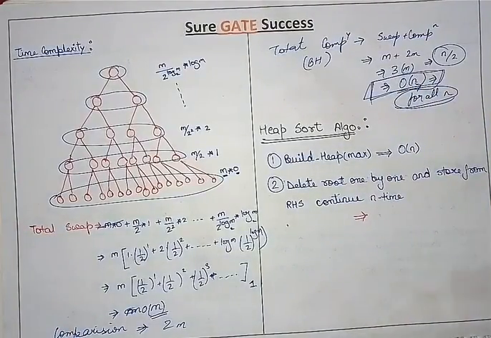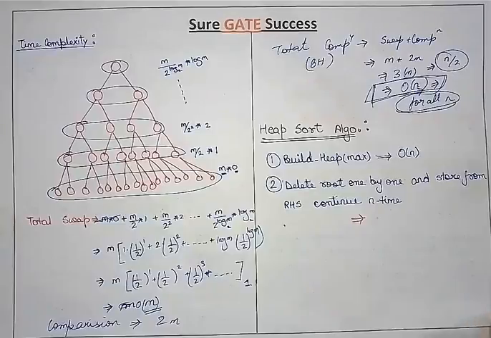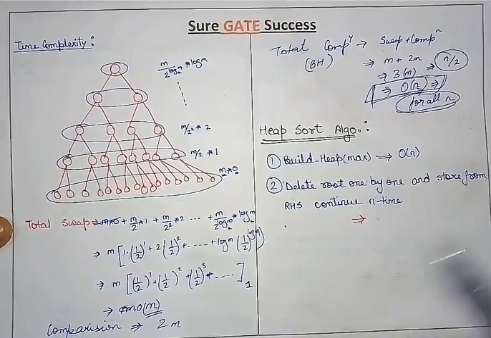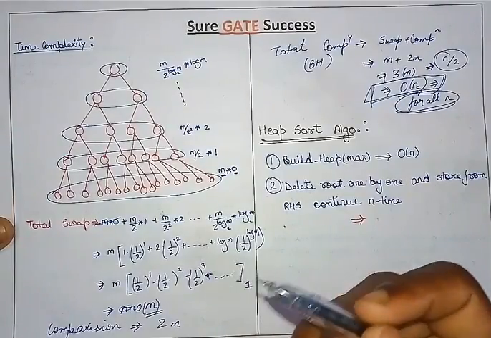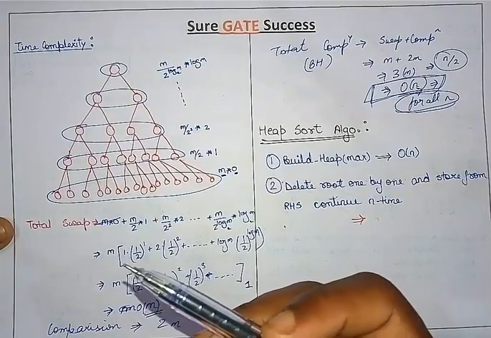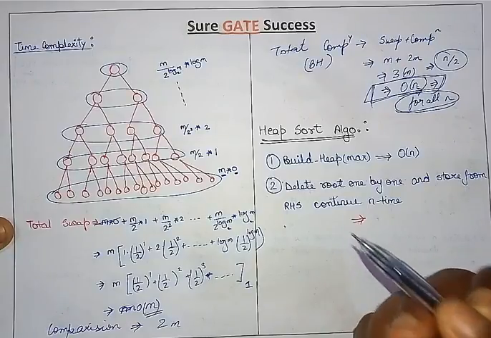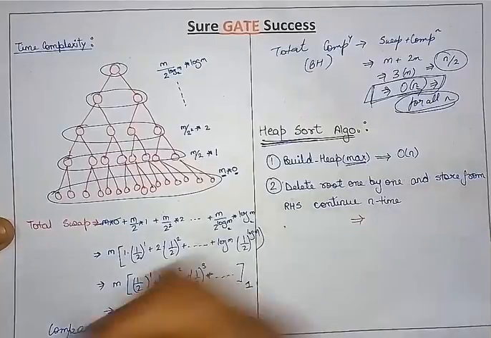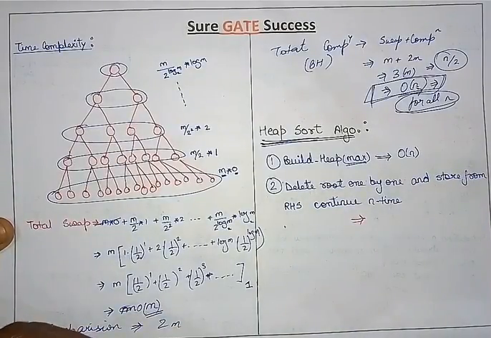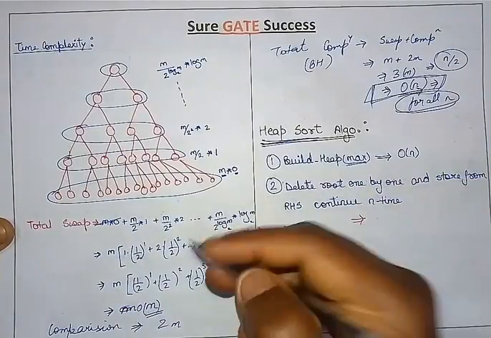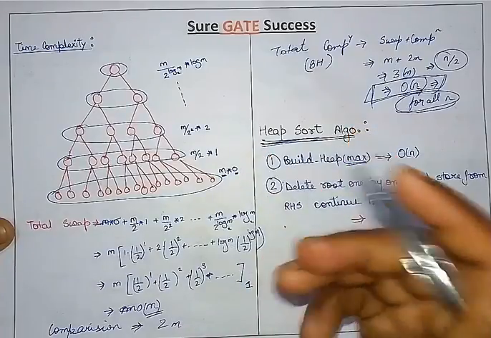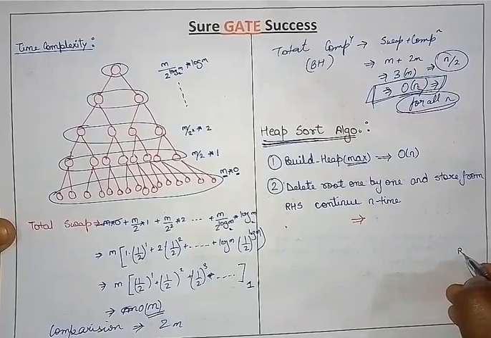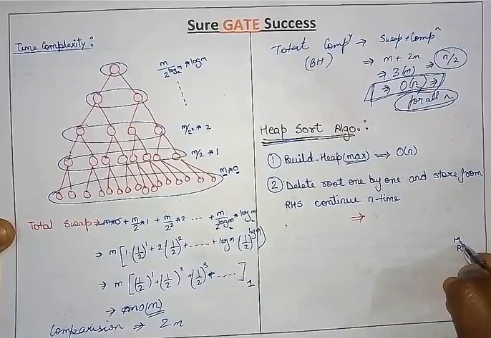So now finally we have to come to the heap sort algorithm. Firstly, we have to build the heap, we have to build the max heap for heap sort, which will take order of n. Then at the root there will be the maximum element, so we have to delete the root node and place it on the right-hand side, so there will be the maximum value.